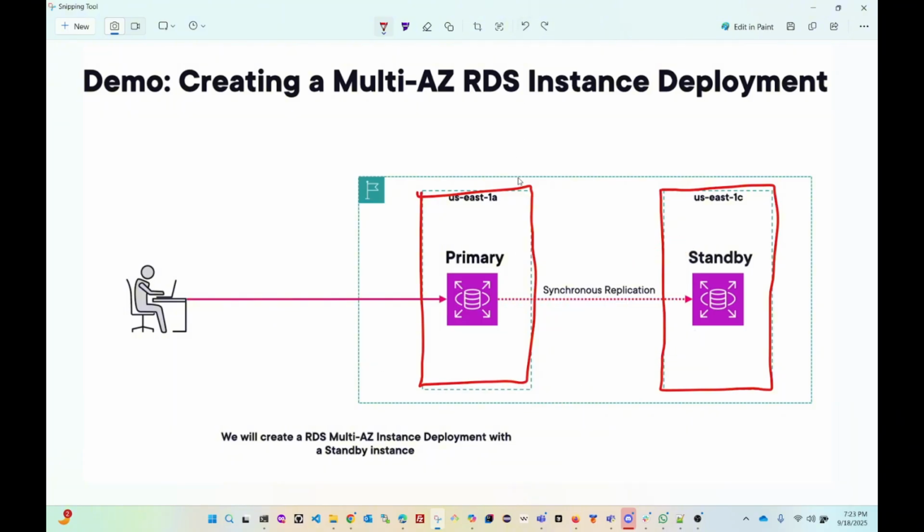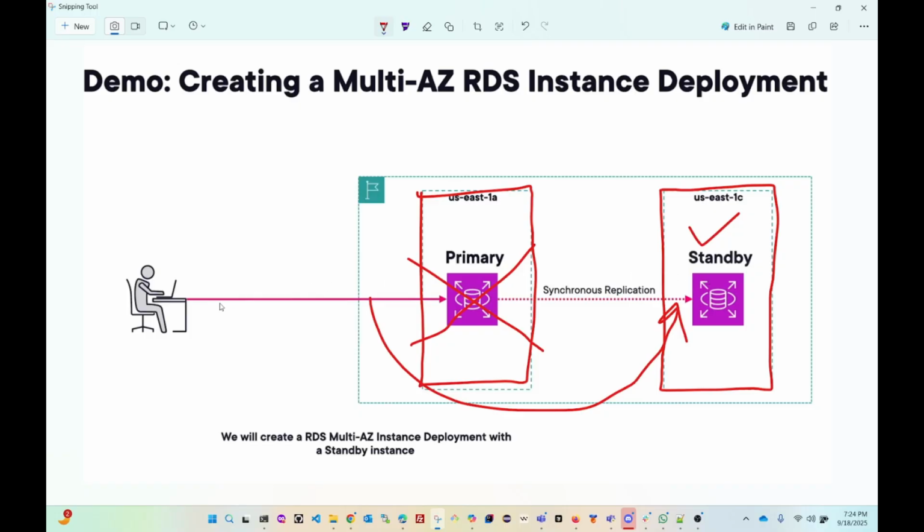We are going to fake a failover on this primary, and we are going to see how the traffic will be directed into this. And we will find out that whatever data was supposedly written here is replicated in the standby.